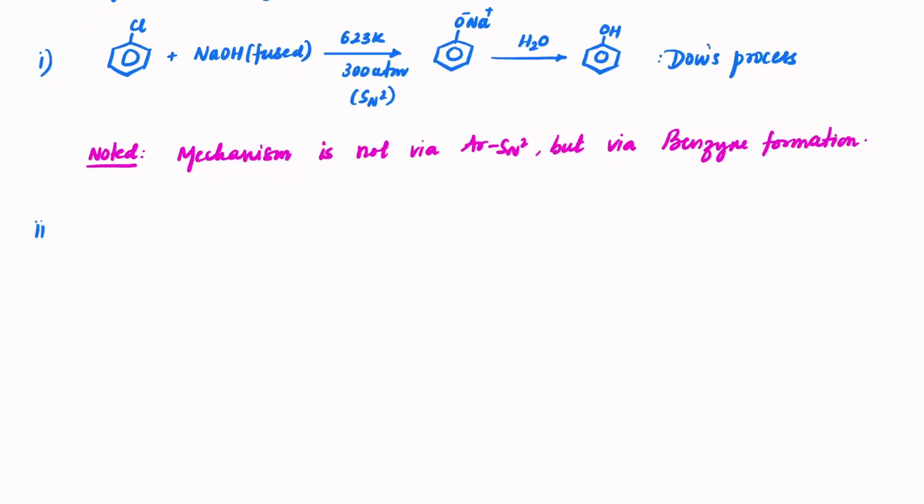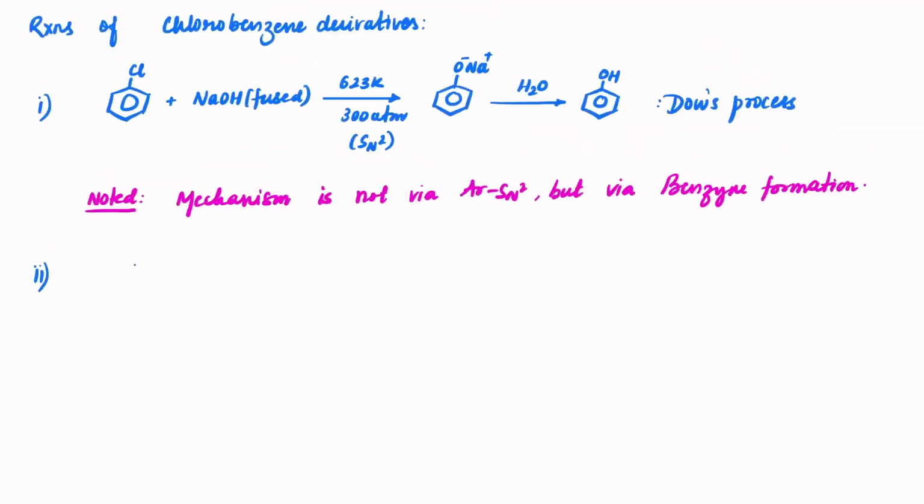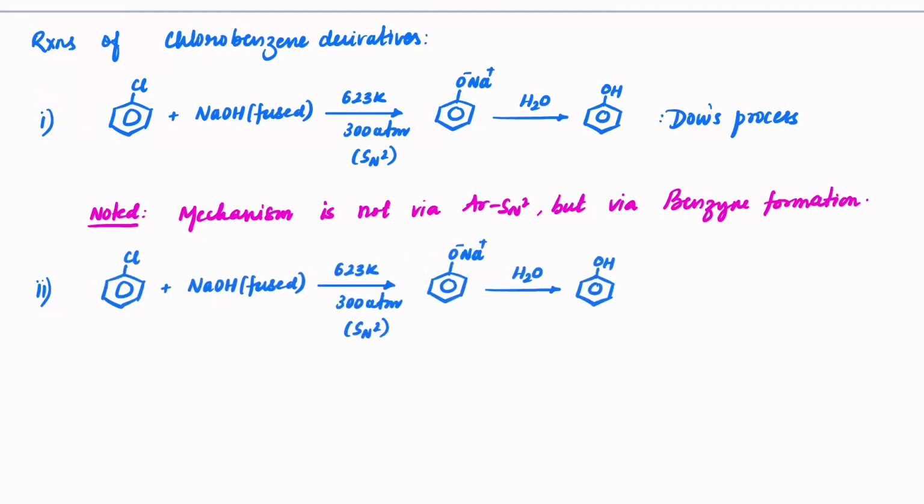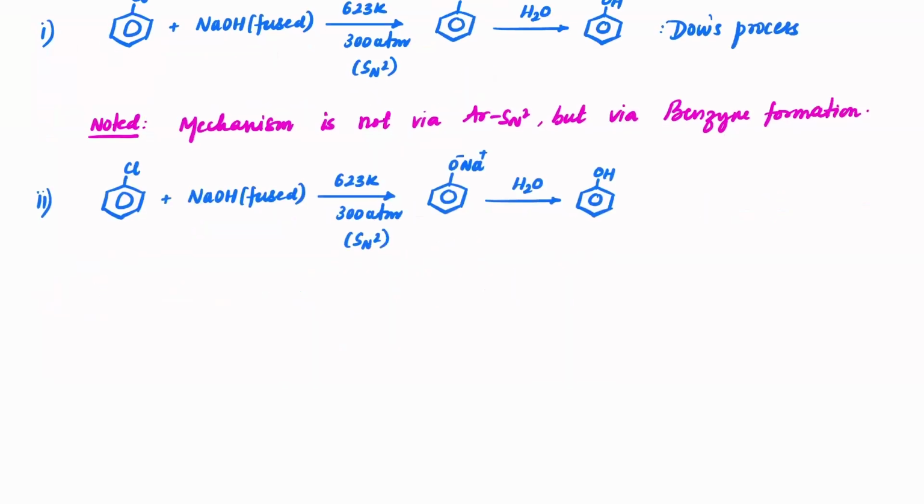Second, if you have a similar reaction, let me just copy this because this is the same thing which we'll be doing again and again in this case. So in case you have one NO2 present here, correct, in that case, only the reaction conditions will be changing here.